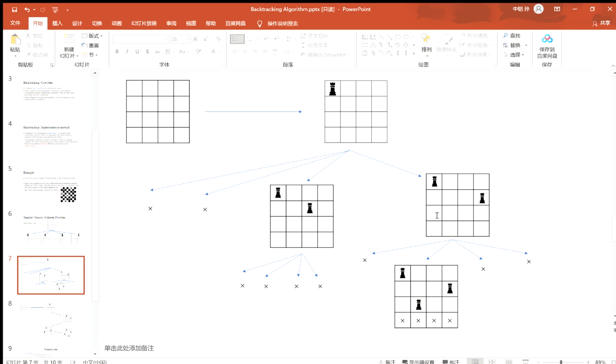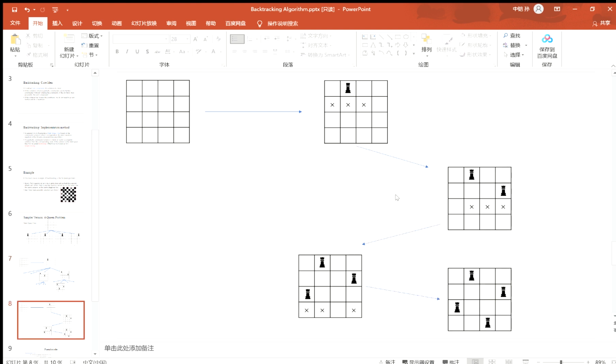However, if we put our third queen here, here, and here, it violates the constraints. So we have no choice but to put our third queen here. And that's the only choice. Next, we will put our fourth queen. It is easy to see that it also has only one choice. That is, it can only be put here.